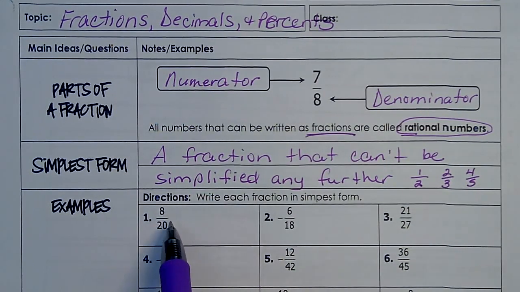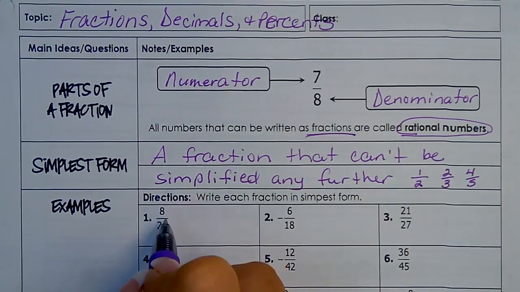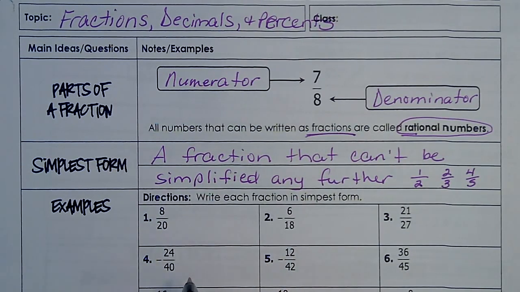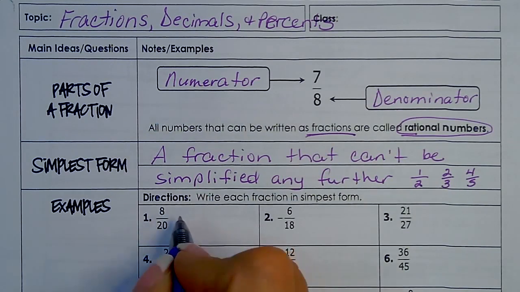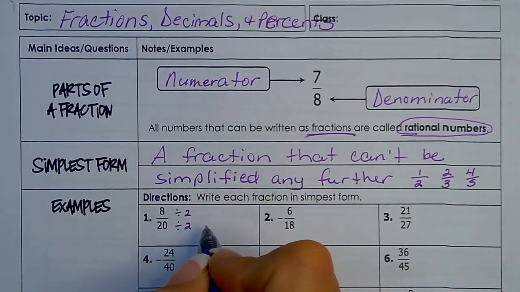Okay, we're going to write these in simplest form. So to start off, I'm going to look for a common factor. Well, since these are even numbers, I know that 2 is going to be a common factor. I know that there are other common factors as well, but if I'm not sure what they are, I know that 2 is at least one. So I'm going to divide the top and bottom by 2.